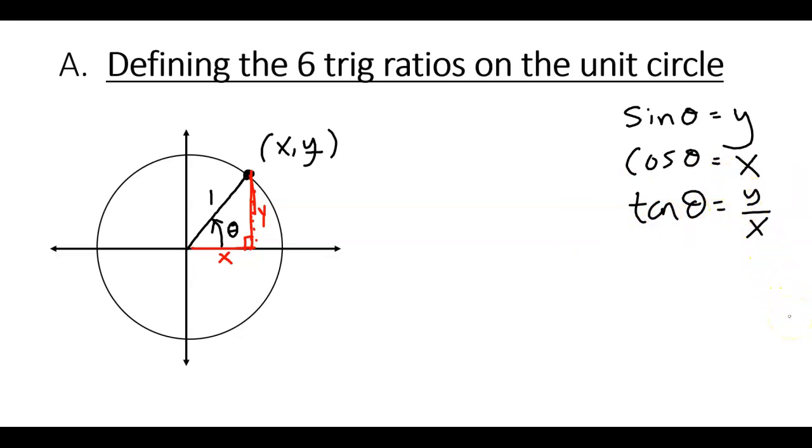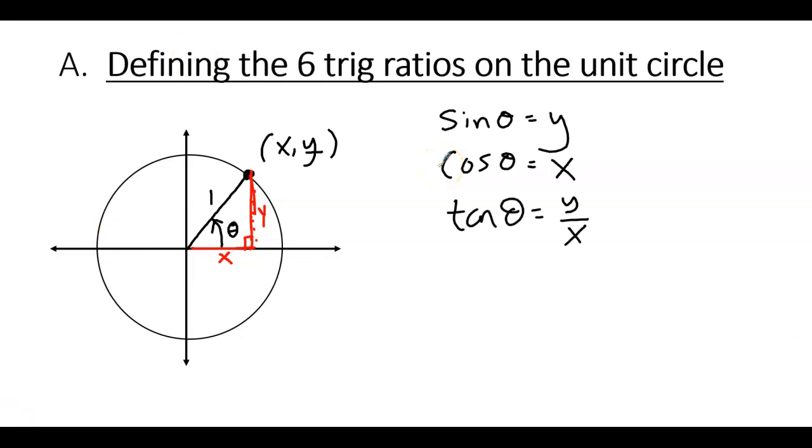All right, now that we've got those, let's go ahead and do the reciprocal ratios. Now, as you guys know, cosecant is the reciprocal of sine. So if sine is equal to y, then that means that cosecant is equal to 1 over y. It's just the reciprocal of the y value. And likewise, if cosine of theta is equal to x, then secant of theta will be the reciprocal of that, 1 over x.